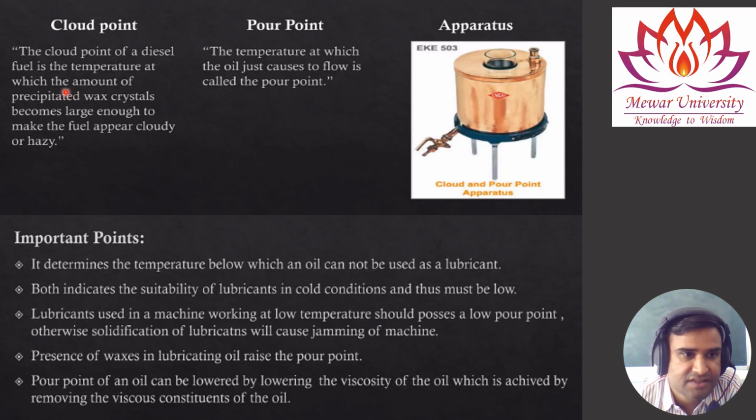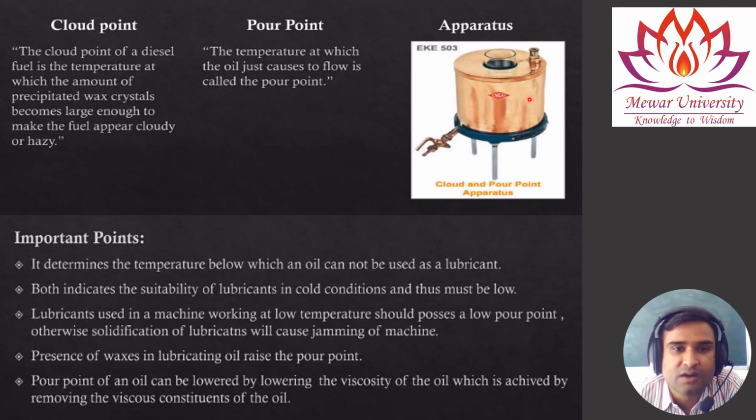You can read this definition again. The cloud point of a diesel fuel is the temperature at which the amount of precipitated wax crystals becomes large enough to make the fuel appear cloudy or hazy. This is the apparatus called the pour point or cloud point apparatus.